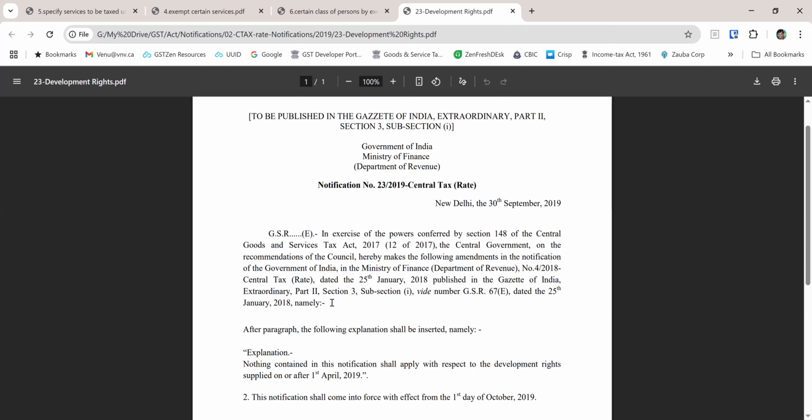Even if the JDA is prior, we are now saying that since it is before, pay tax on 1st July. Now, what if the JDA is in February 2018? How does it make a difference, Venu?